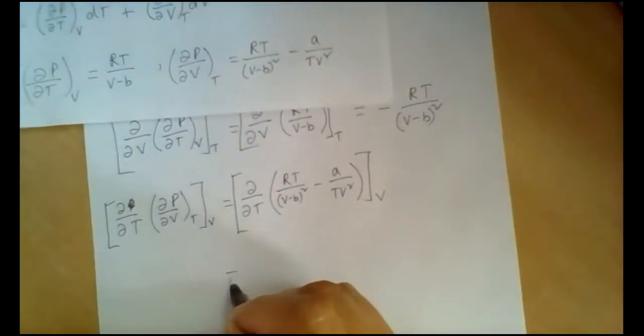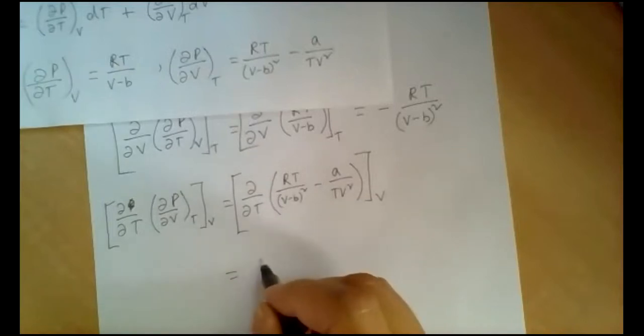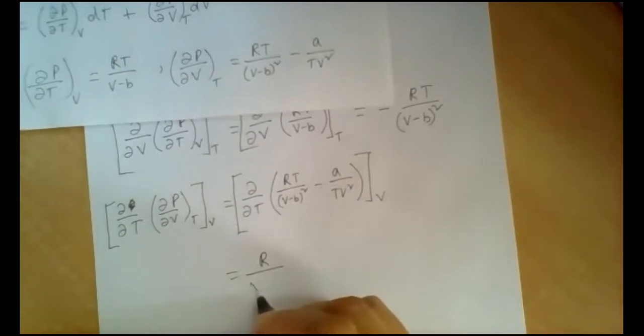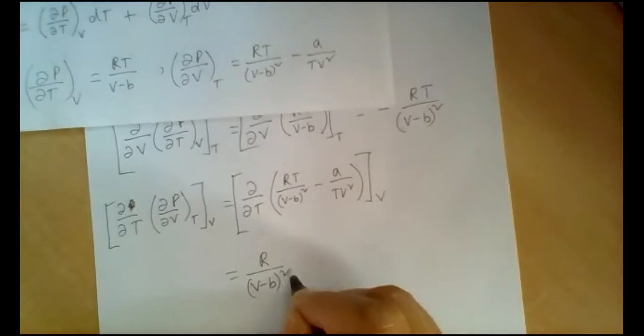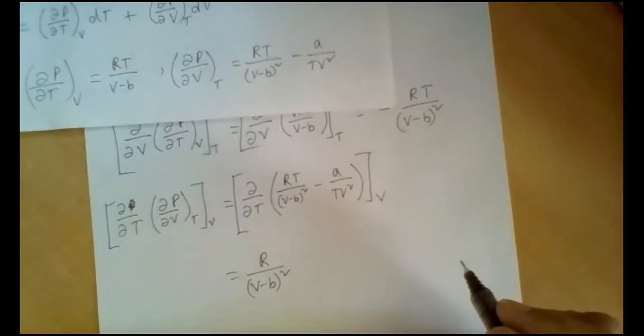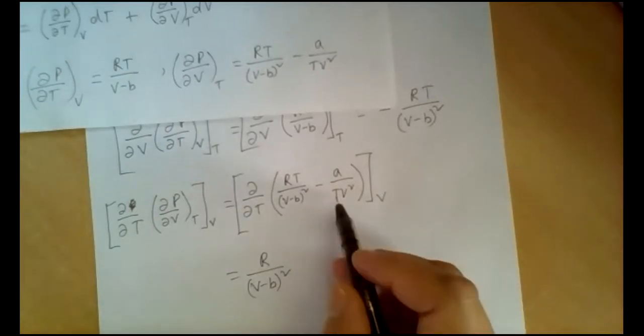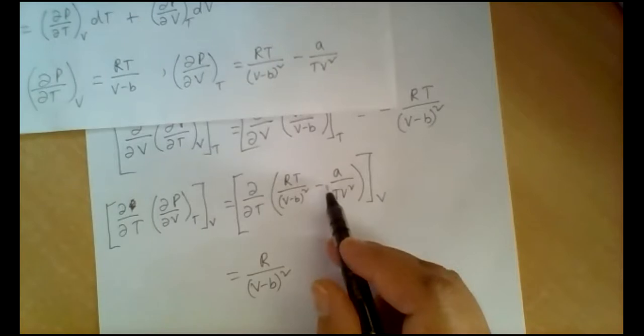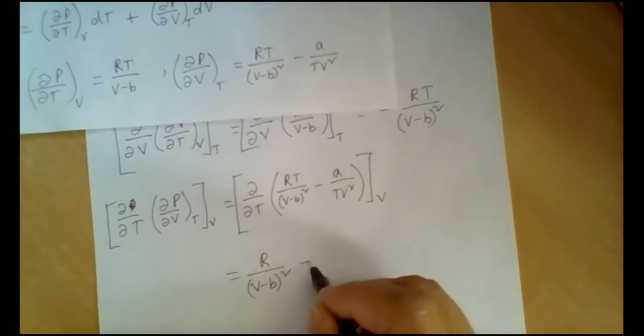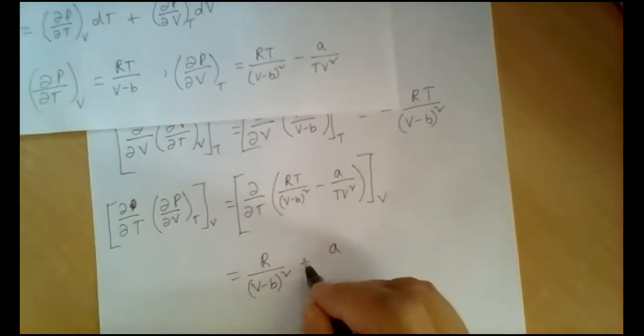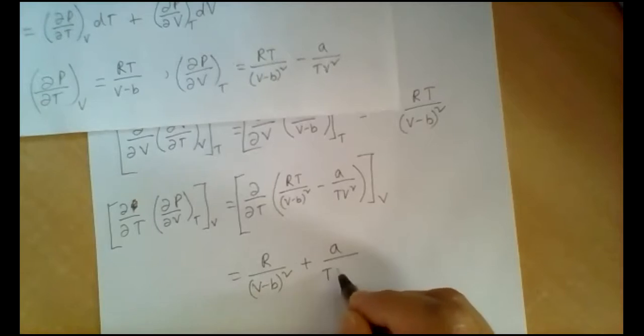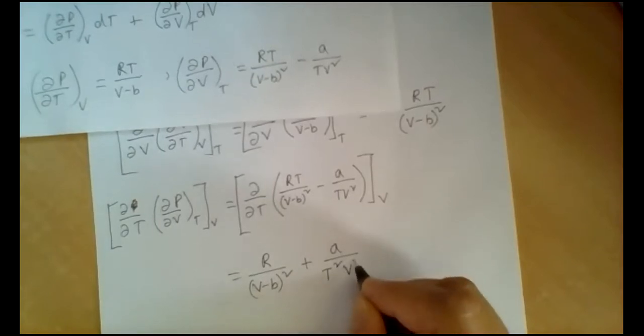When we differentiate this with respect to temperature, we get R by (V minus B) whole square, and for the second term, T to the power minus 2 gives plus A by T square V square.